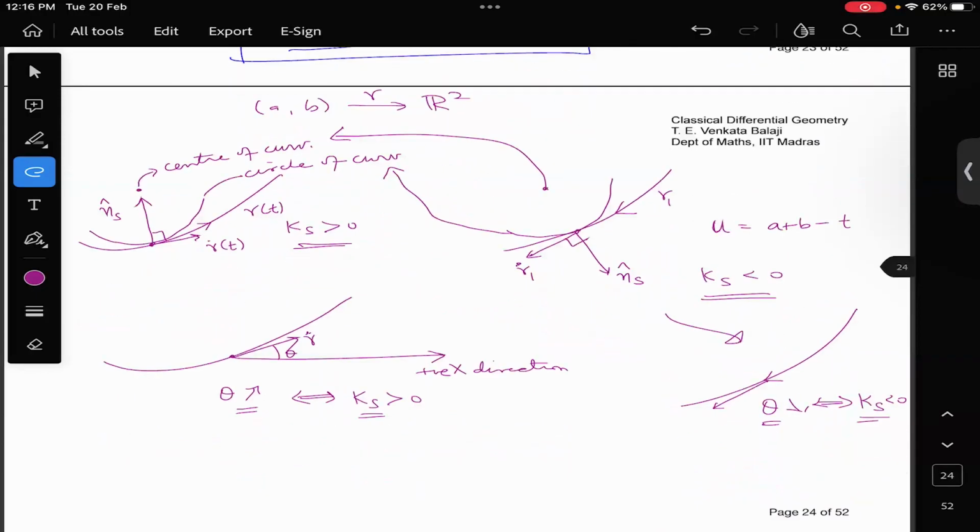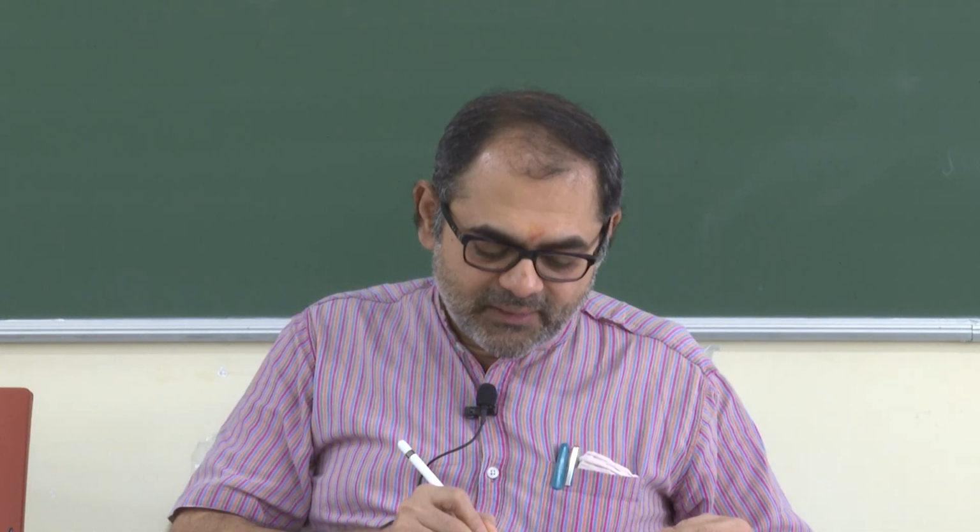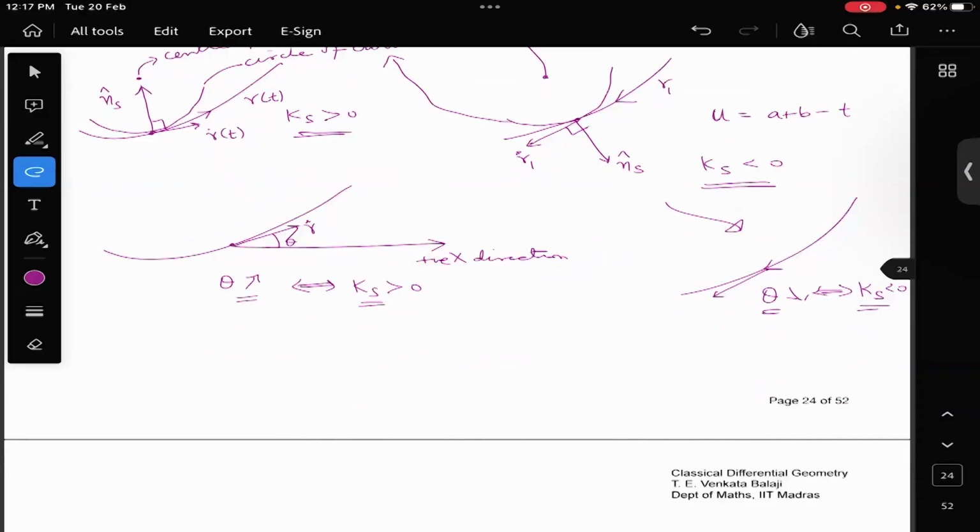If you look at it more seriously, this is also evident in the following way. So this is the idea of what is called a Gauss map. Suppose I draw a curve. Let me just say here that this suggests d theta by d s is equal to k_s. I am writing it in quotes because I have still not justified things.